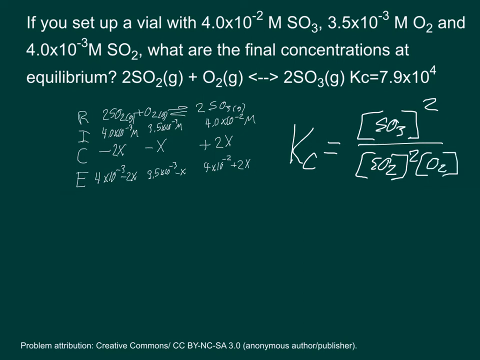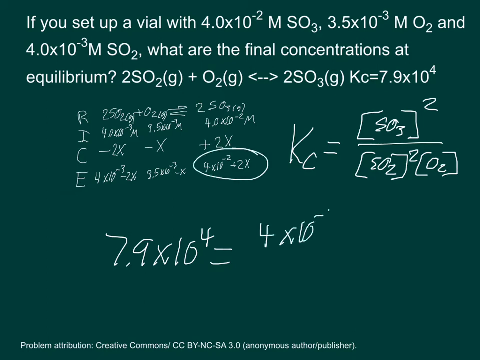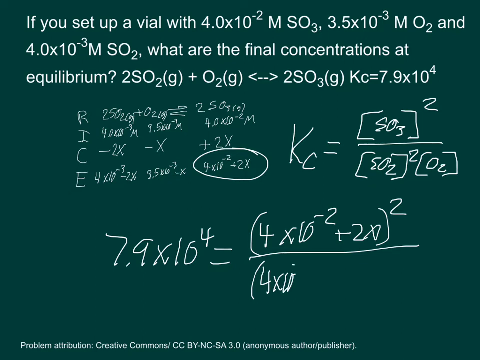If we plug these values in, we say 7.9 times 10 to the fourth, the Kc, is equal to the equilibrium concentration of SO3, 4 times 10 to the negative second plus 2x, squared, divided by the SO2, 4 times 10 to the negative third minus 2x, that quantity squared, times 3.5 times 10 to the negative third minus x.